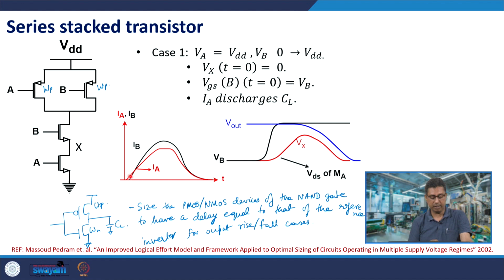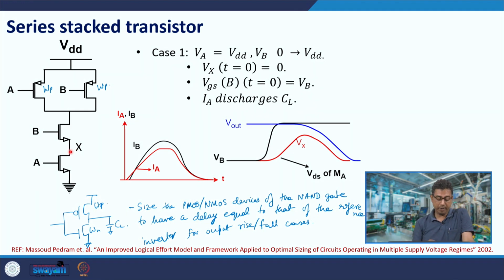Let us look at the discharge mechanism. Now transistor B is seeing a rise in input transition and transistor A is already at VDD. So, at time t equal to 0, Vx is 0 because A is already at VDD, and so Vg of transistor B is Vb, and Vgs of transistor B is also Vb because Vx is 0.